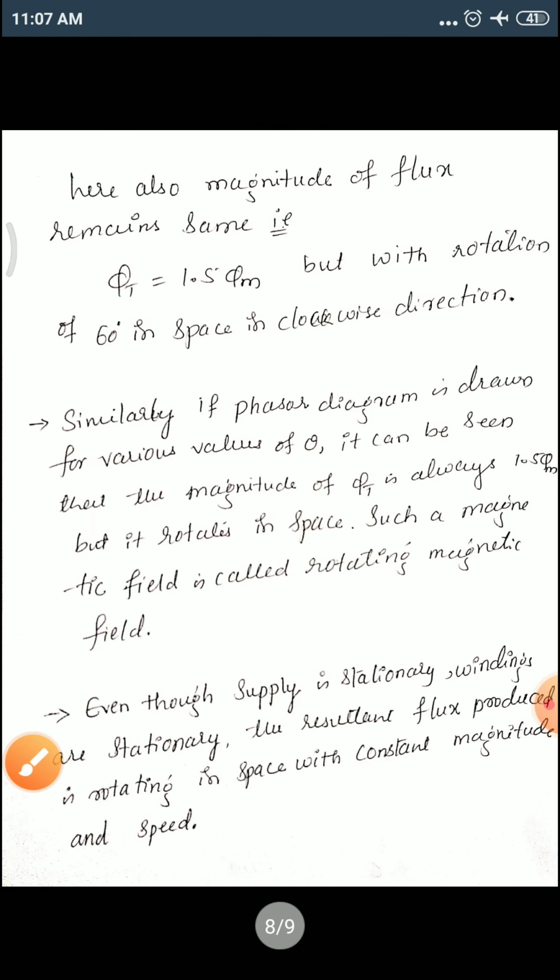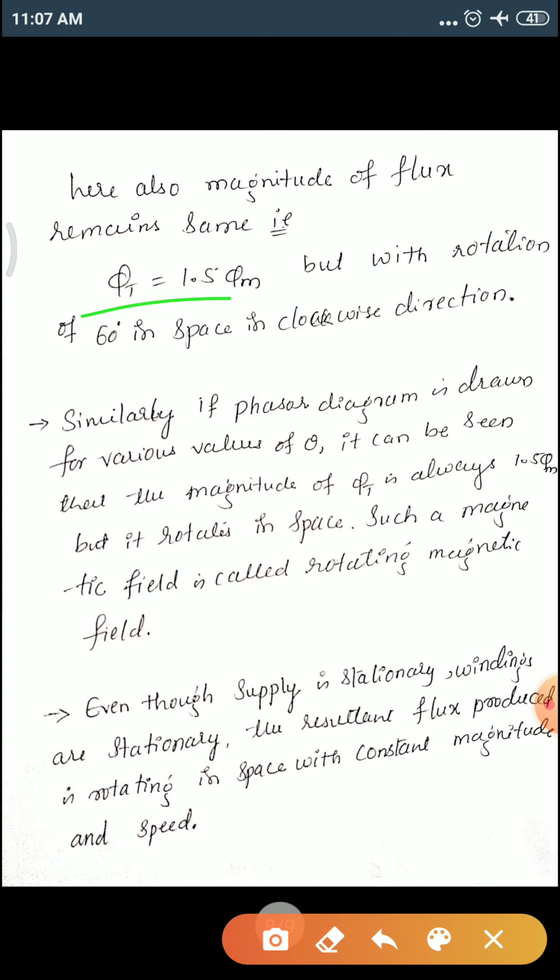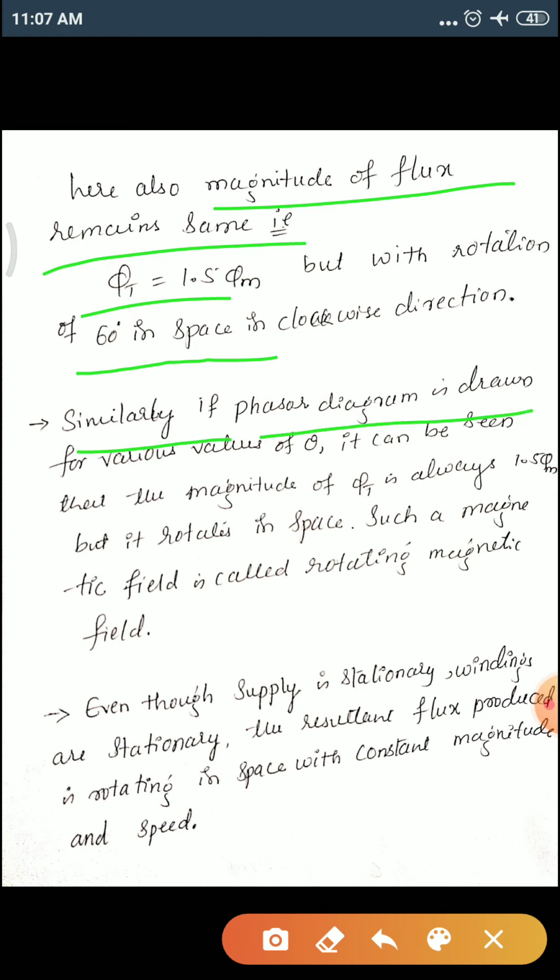What we can say is that phi t equal to 1.55 m remains the same. So the magnitude of the flux remains the same, but with a rotation of 60 degrees in space in a clockwise direction. We can change the theta value to different values, and a phasor diagram is drawn for various values of theta.